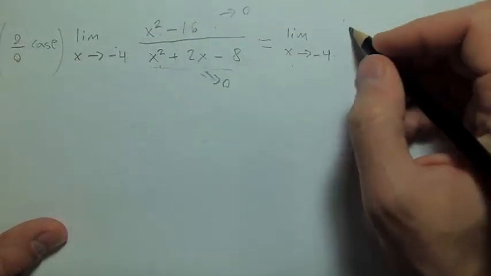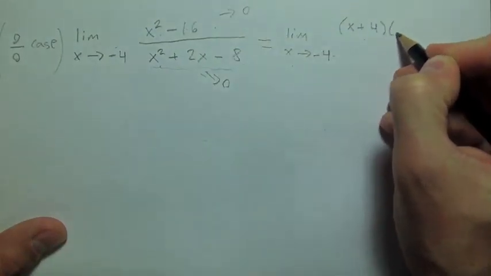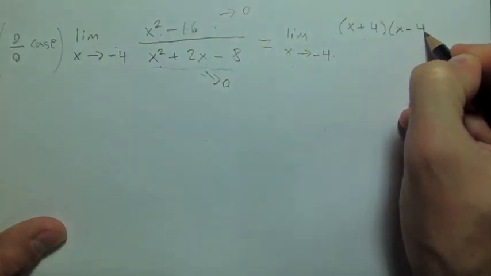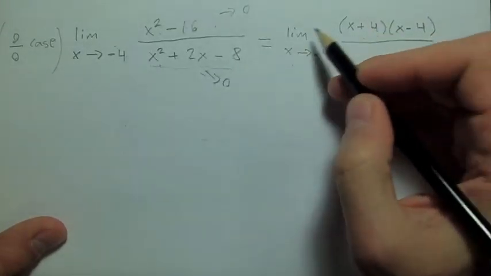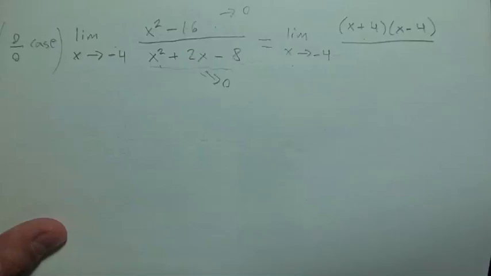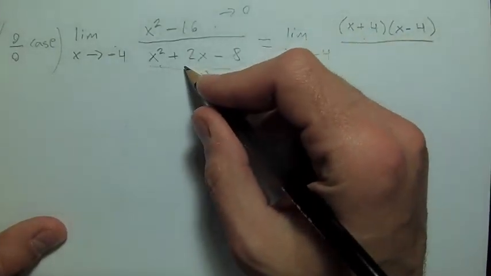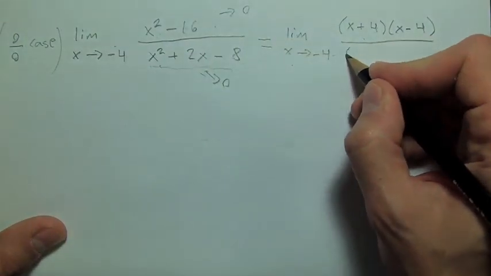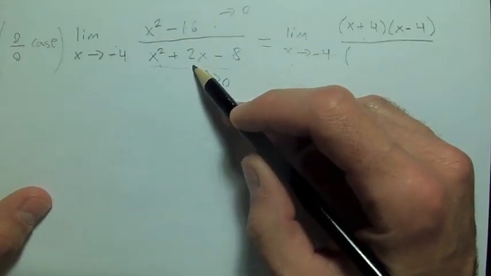So x squared minus 16 factors into x plus 4 times x minus 4. Since there are still x's over here, I have to write my limit sign, right? So then the denominator will also factor. Let's see, we want factors of negative 8 that sum to 2.